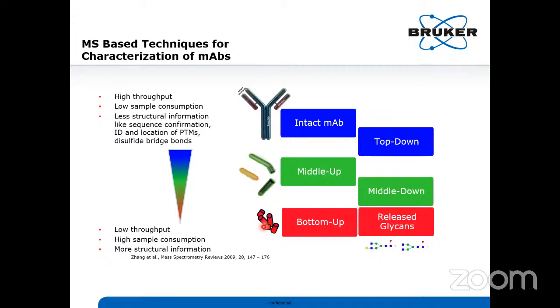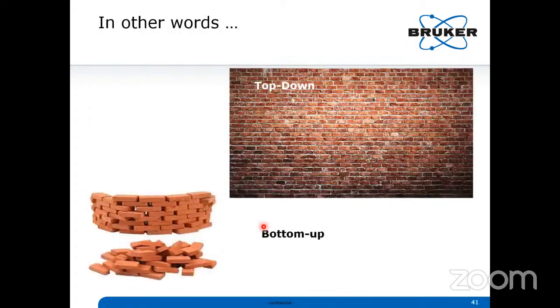As I mentioned in my previous slides, when we say intact level, 150,000 Dalton, it's a very large molecule. When you are analyzing large molecules like 66,000, 100 kDa or 150 kDa, there is a chance of mass error, something around 5 Dalton, 4 Dalton, 3 Dalton.